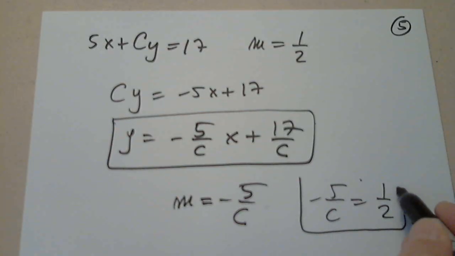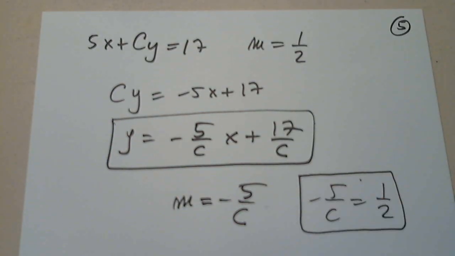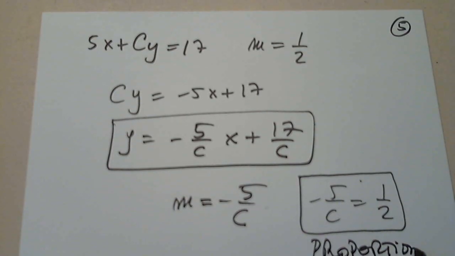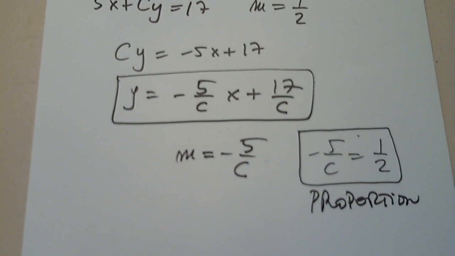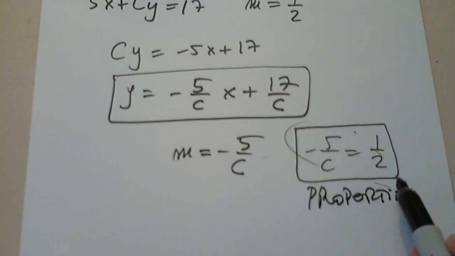How is this called? And how do we solve it? It's very important to remember the name. Yes, this is a proportion. And only in a proportion we can cross multiply.